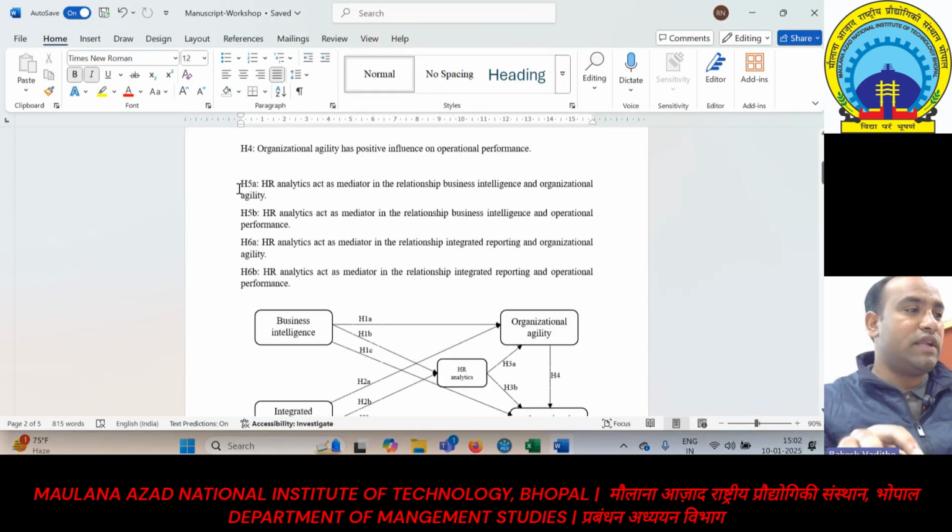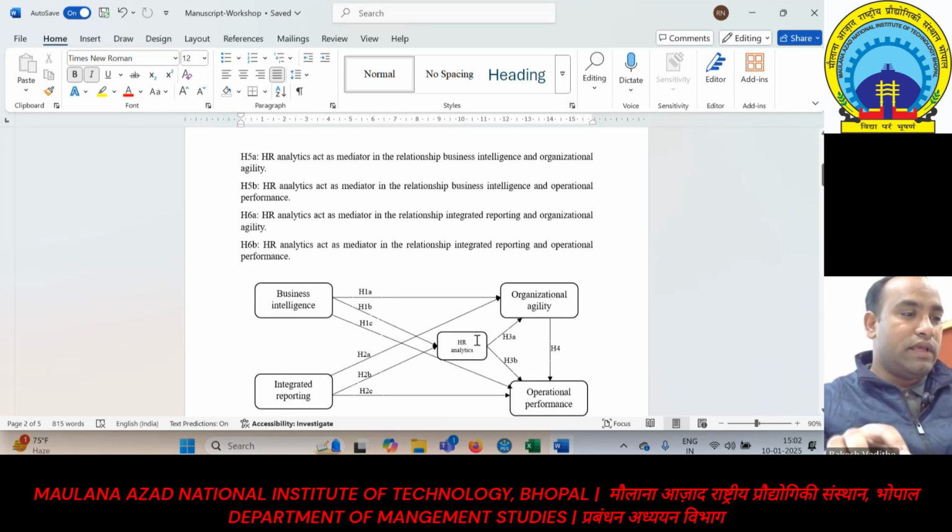Here I have mentioned H5A: HR analytics acts as mediator in the relation between business intelligence and organizational agility. H5B: HR analytics acts as mediator in the relation between business intelligence and operational performance. Then H6A, HR analytics mediator between business intelligence and organizational.